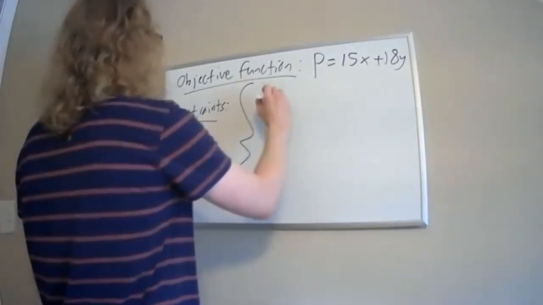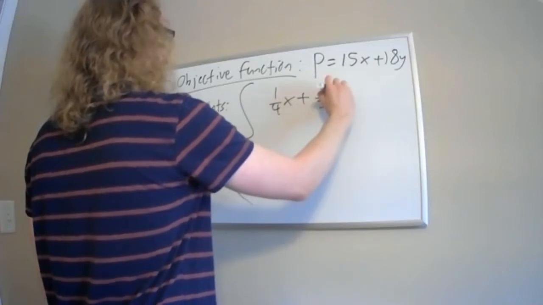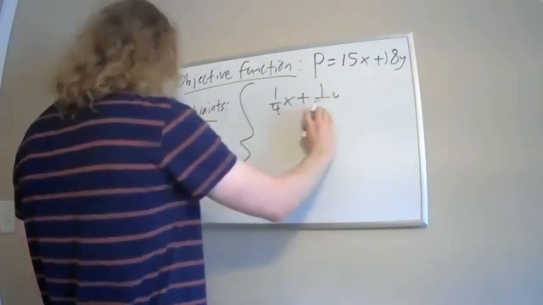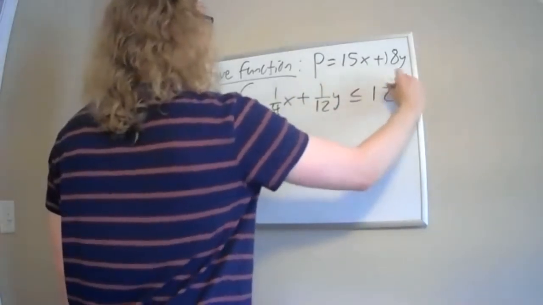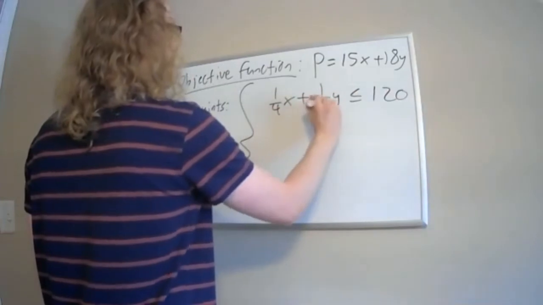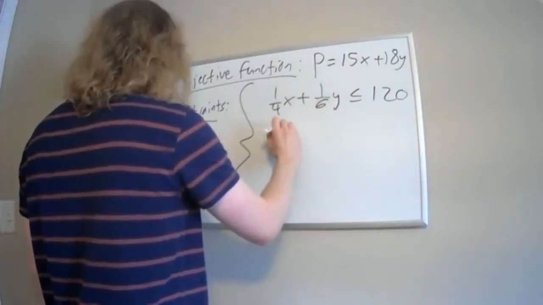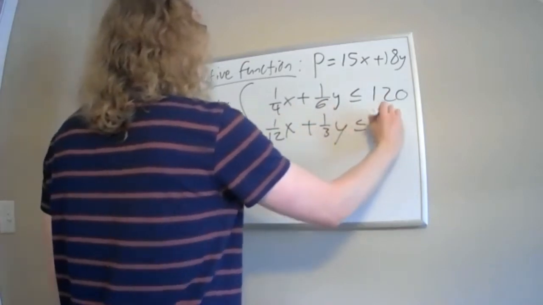So what did we have? We had 1/4 x plus 1/3, sorry, not 1/3. What was the other one? It was 1/12. Less than 120. And then I had this is 1/6. This is 1/12. 1/12 x plus 1/3 y less than or equal to 120.